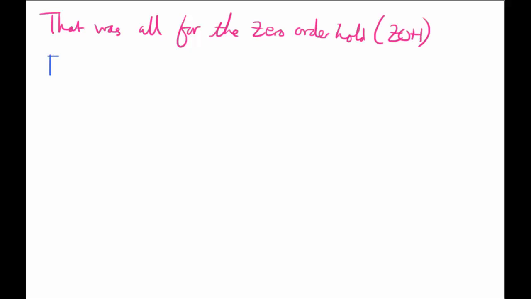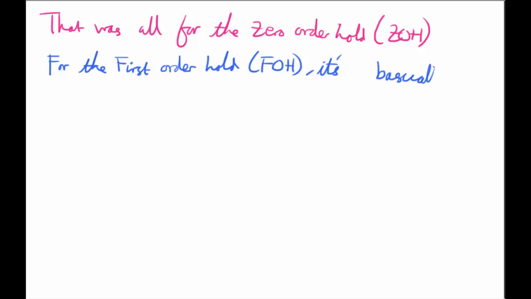The first order hold is basically the same, but there's a few changes here and there, and I'll go quickly through them here. So the first order hold MPC is basically the same as the zero order hold version.